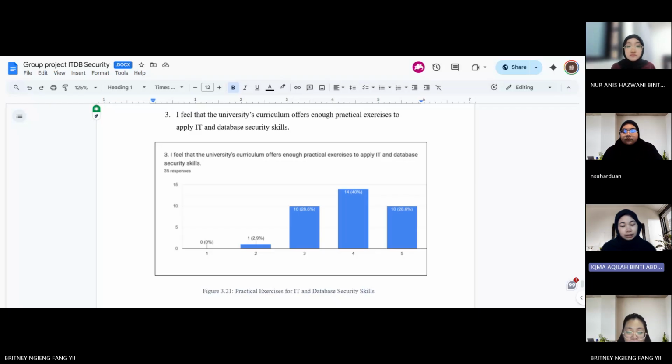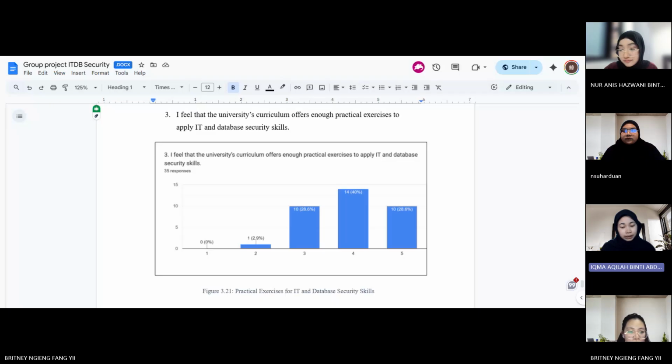The data indicates a strong positive consensus, with the highest proportion of students, 40%, agreeing with the statement. Additionally, 28.6% strongly agree, which matches the 28.6% who remain neutral. Minimal dissatisfaction was recorded, as only one respondent disagreed and none strongly disagreed.